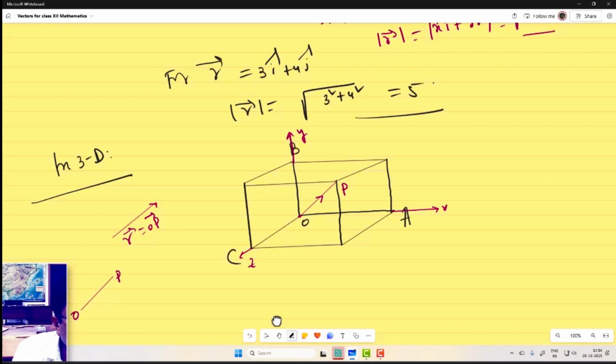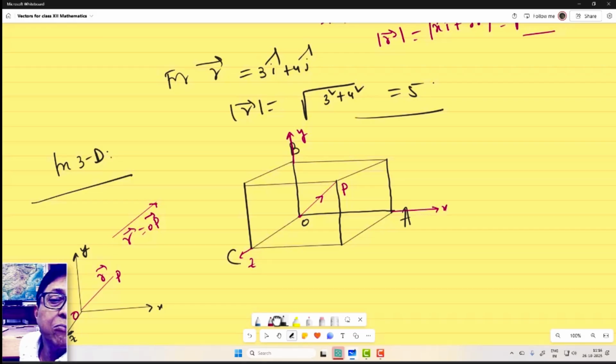OP is the given vector. You just take 3 mutually perpendicular coordinate axes: X, this is your y-axis, and this is the z-axis. Then you have completed this parallelepiped.